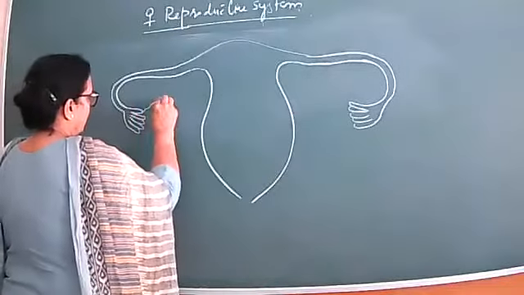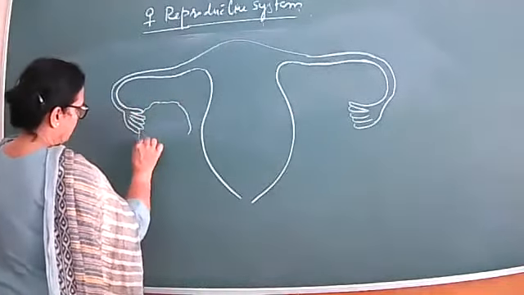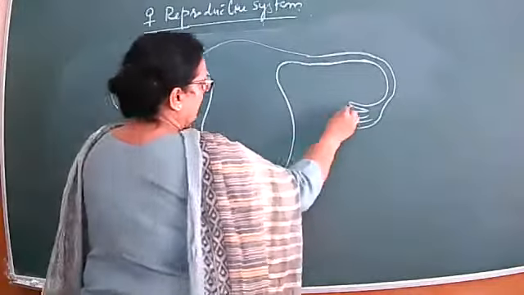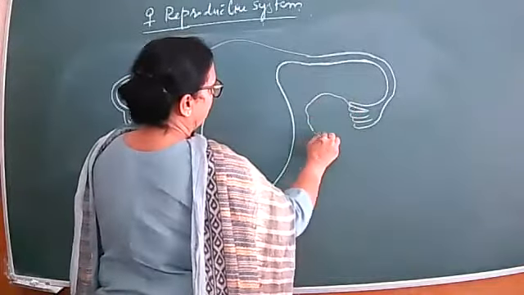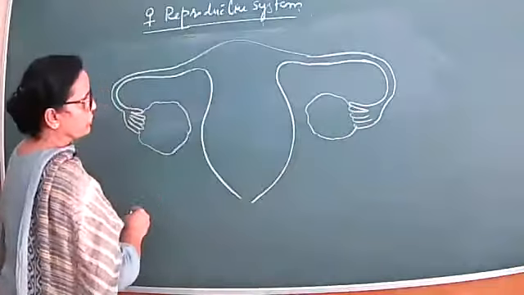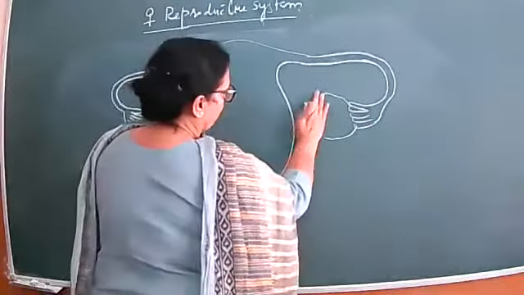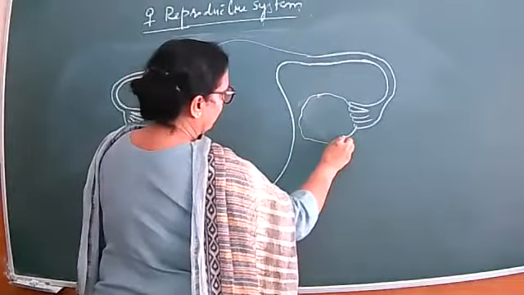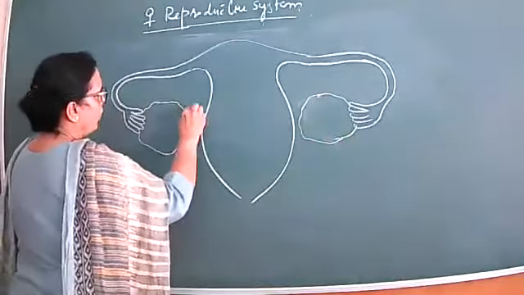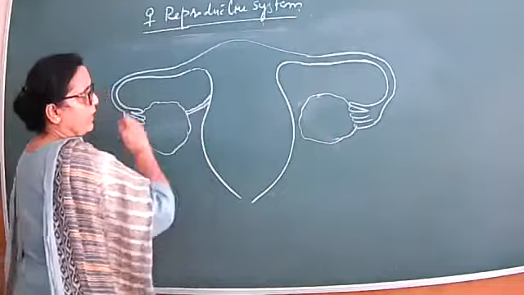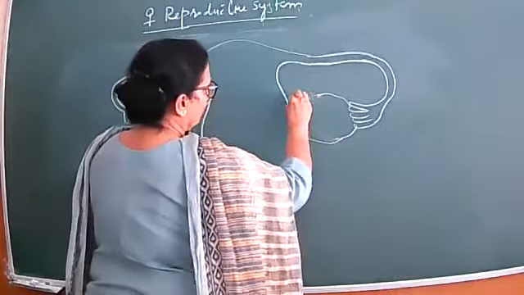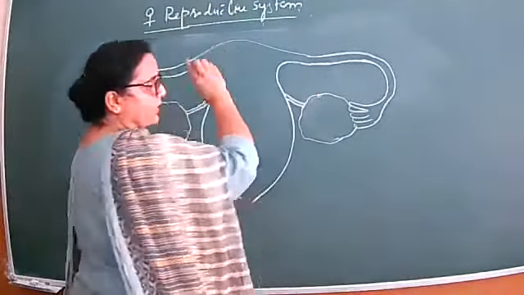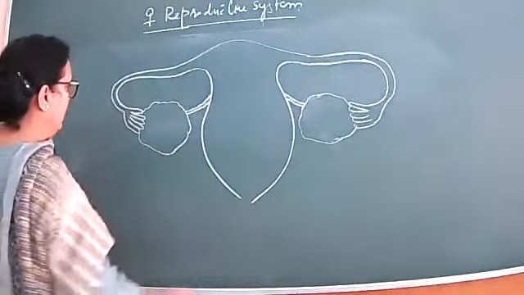Then this is the ovary, the placement of the ovary over here. Both the ovaries, from both sides, are of equal size. They are joined to the wall of the uterus with the help of a ligament, known as the ovarian ligament.